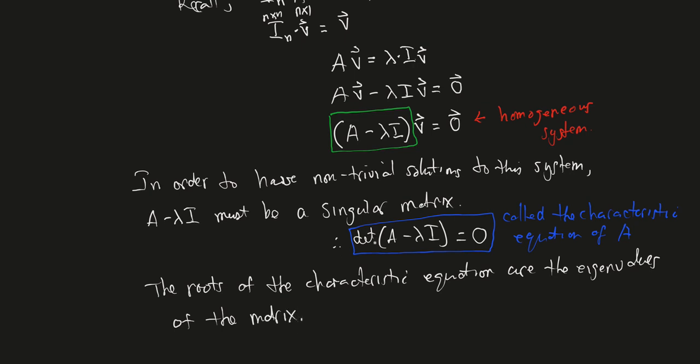So at least now we have a method for finding the eigenvalues of a particular matrix. If I give you A, then we can use this equation to find the lambdas.